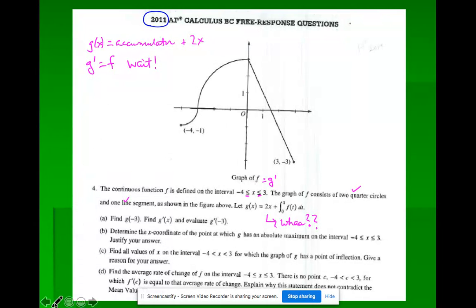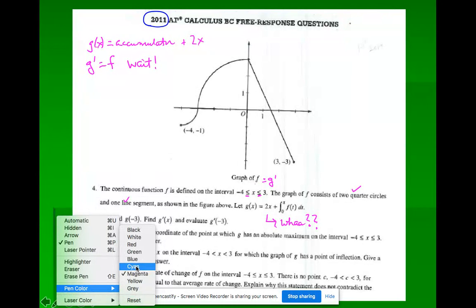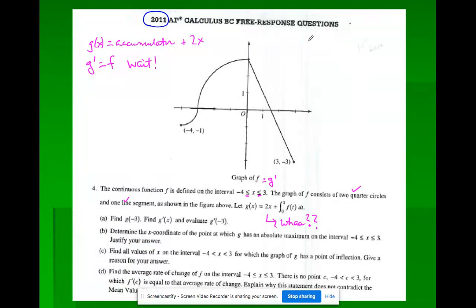Let me write it out. G of x is equal to 2x plus an accumulator. G prime of x, well, if g of x is a sum, the derivative of a sum is the what? Sum of the derivatives. What is the derivative of 2x then? And what's the derivative of an antiderivative? Whoa.